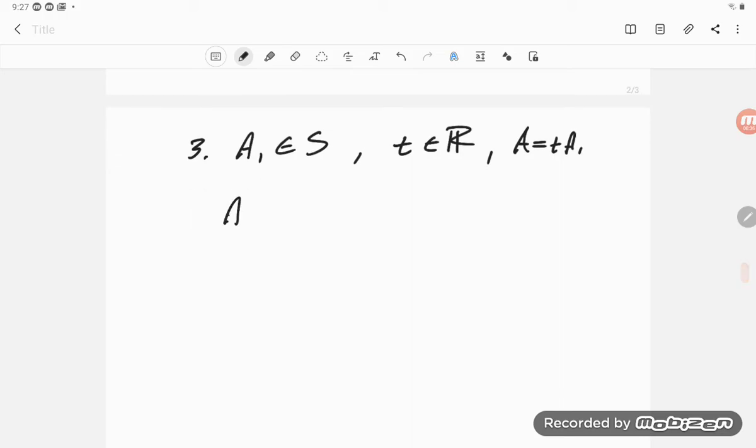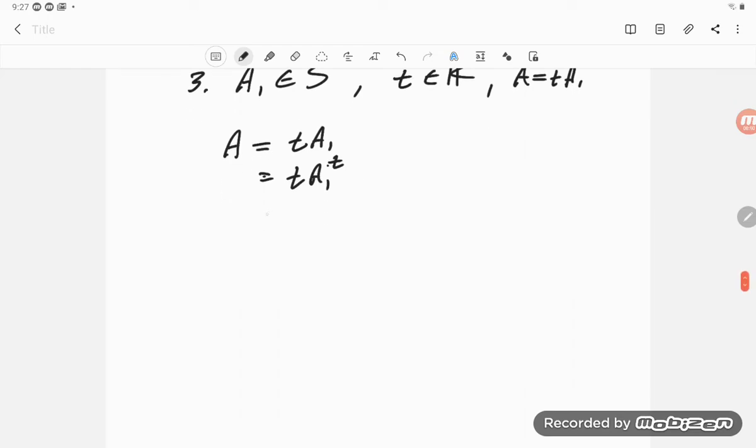Now if I take A, that is just t A1. But since A1 is in S, that's the same thing as (t A1) transpose, which is equal to, now this is a very subtle step, putting the parentheses around this t.